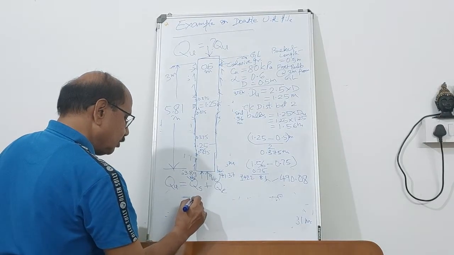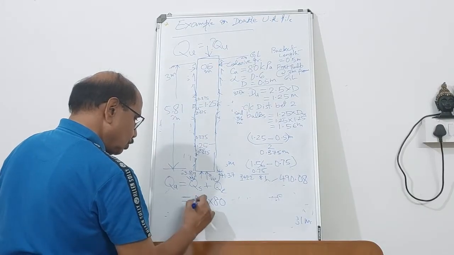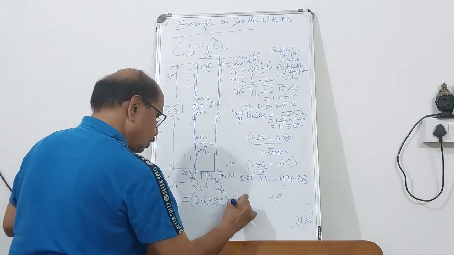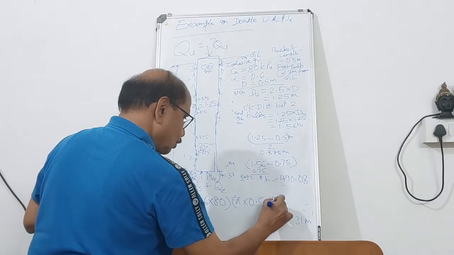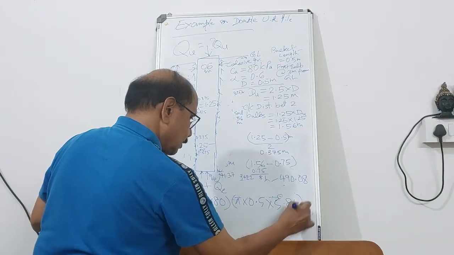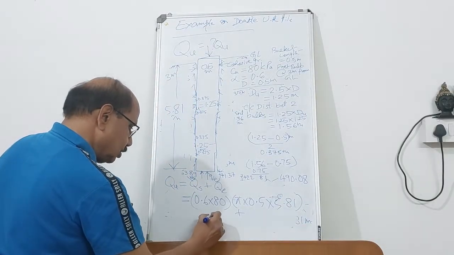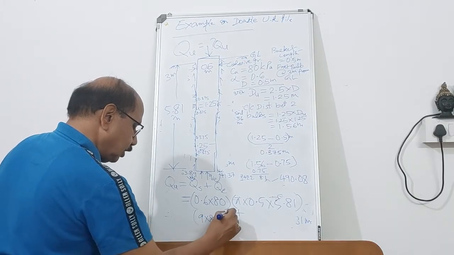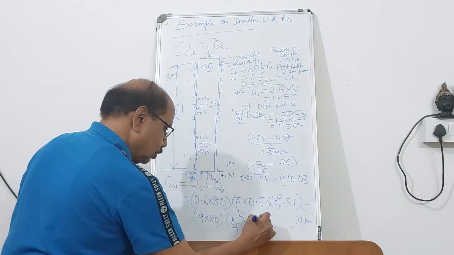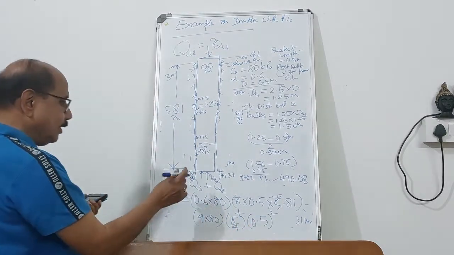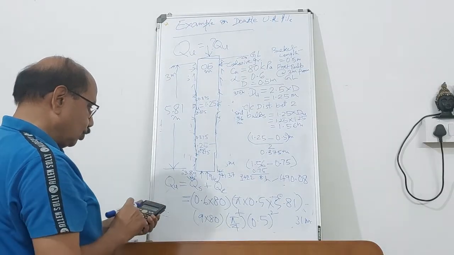So this will be alpha times Cu into pi d into L plus 9 times Cu into pi by 4 into d square. So if it is a simple pile, the load carrying capacity you can just calculate.